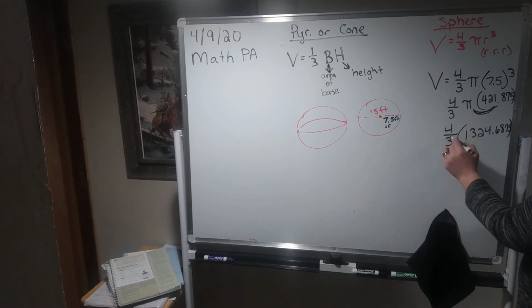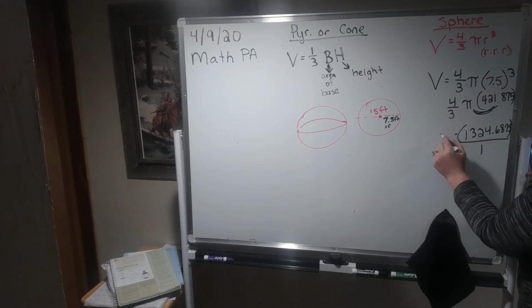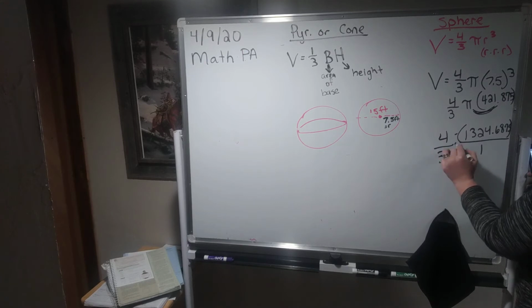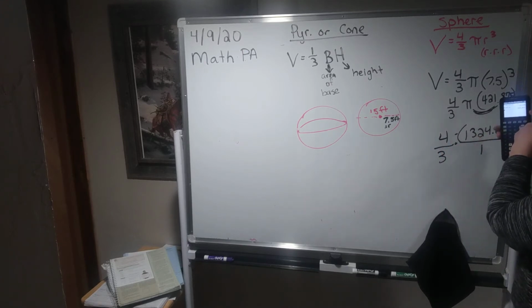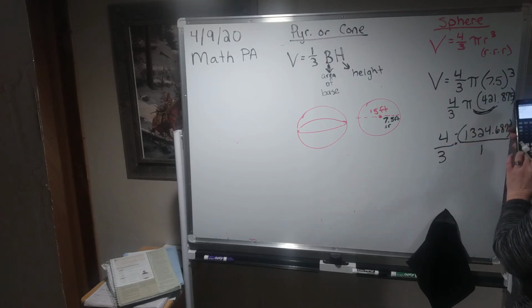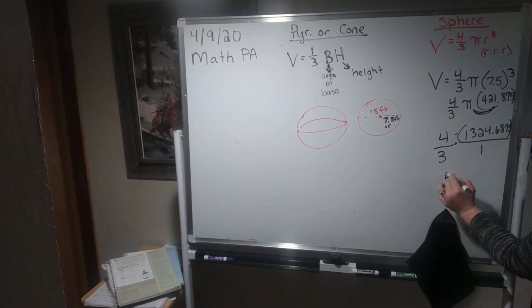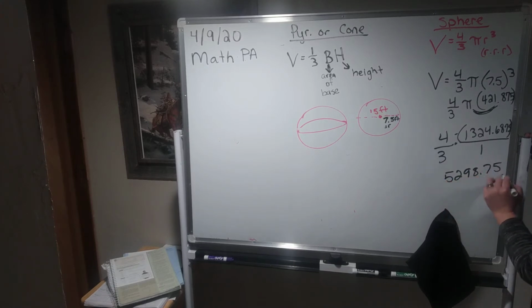Now how do we multiply fractions? Well, I'm going to put this one over 1, so now I'm multiplying across. I'm going to rewrite this 4/3 so we can see that multiplication problem. I'm going to take this number, which is still in my calculator, and multiply it times 4, and I get 5298.75, and 3 times 1 is 3.